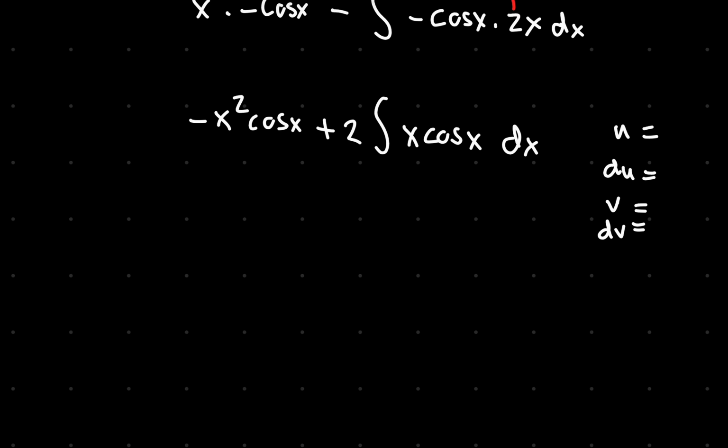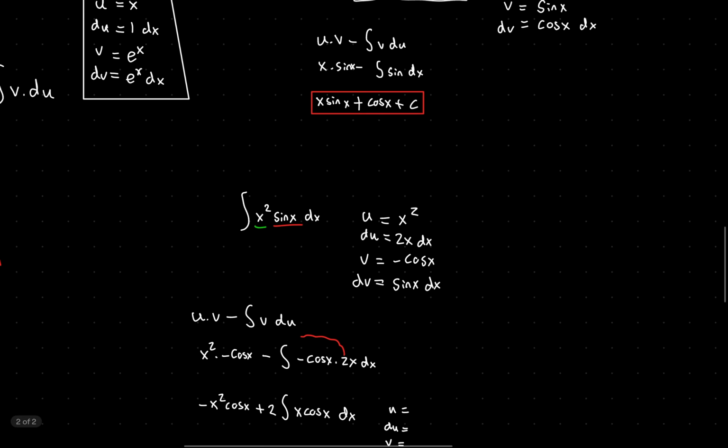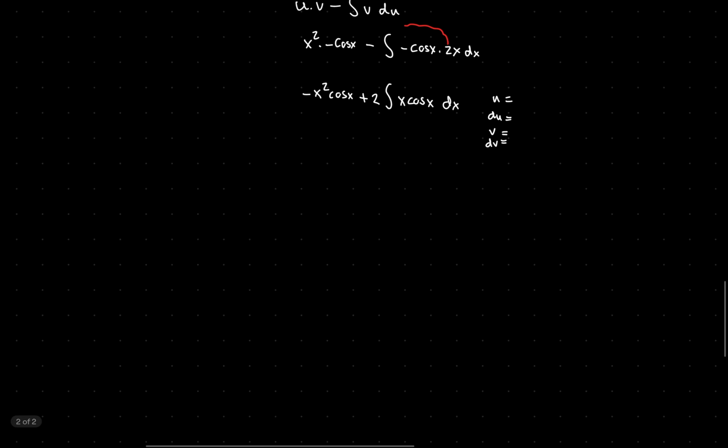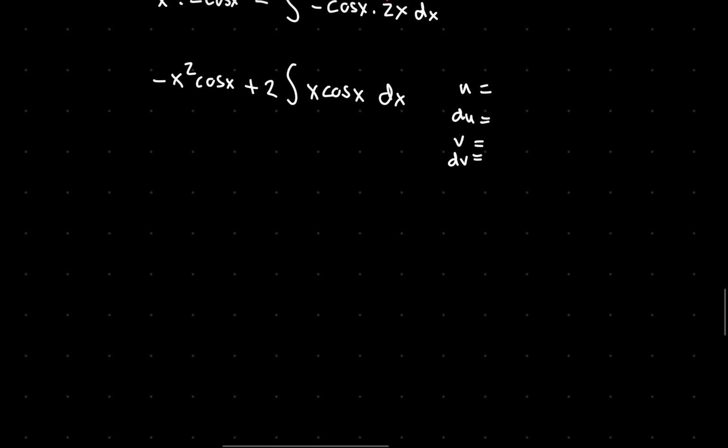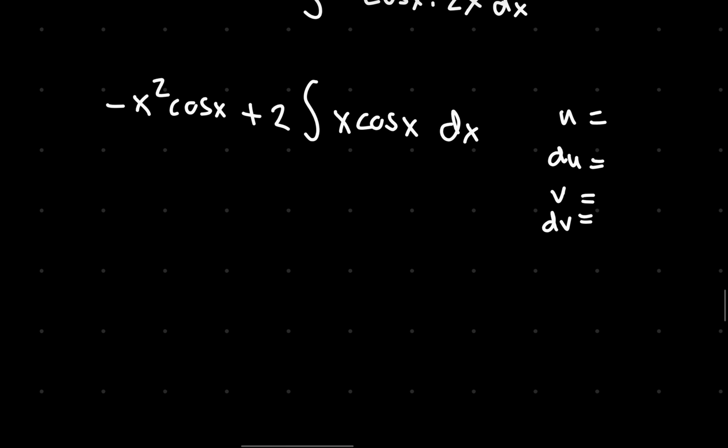that the integral of x cos x is simply x sine x plus cos x. There we go. So what do we do? Oh, sorry guys. So since there's a 2 outside it, we'll say 2 times x sine x plus cos x.